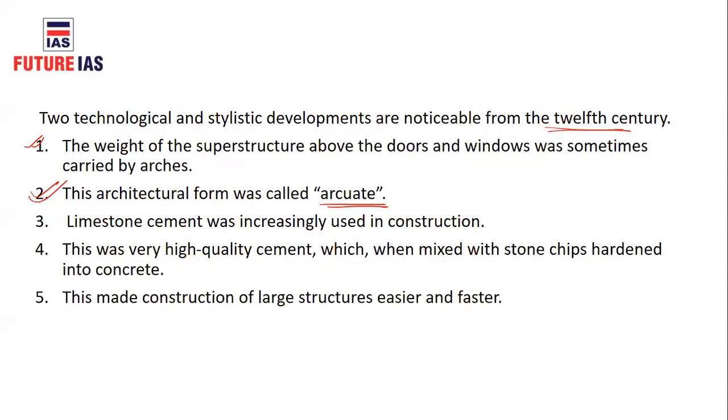So limestone cement started being increasingly used in construction from the 12th century onward. This high-quality cement was used just like concrete.